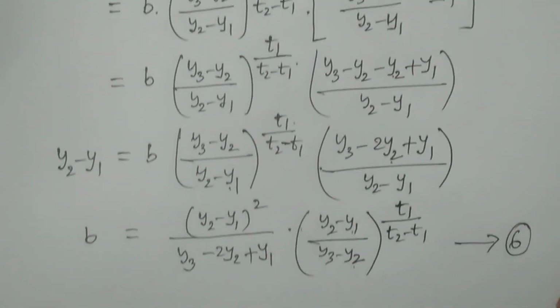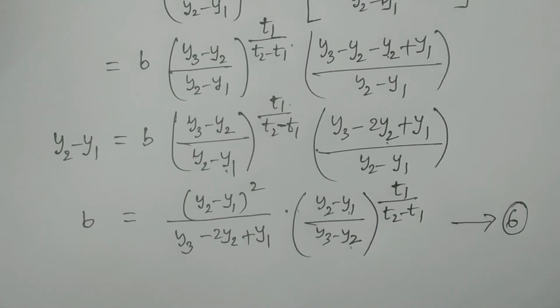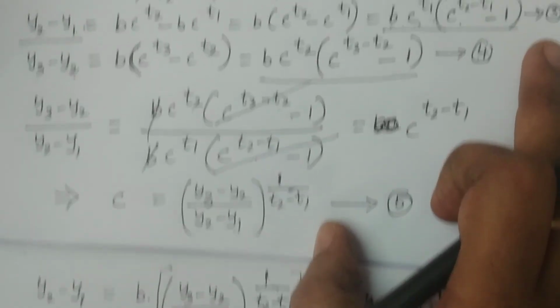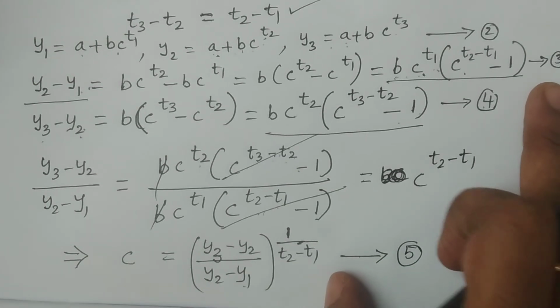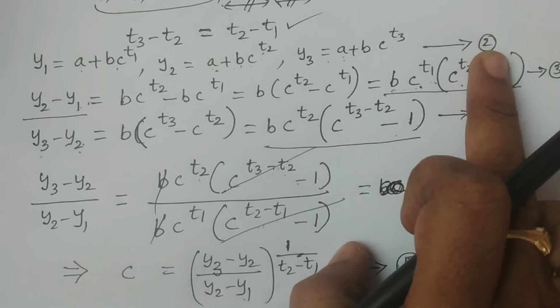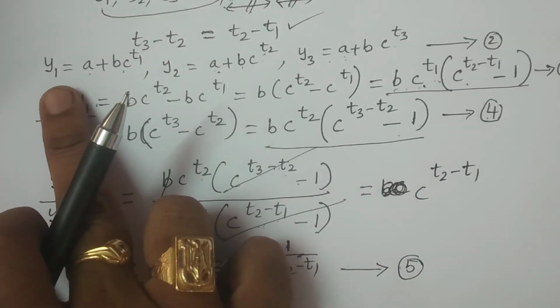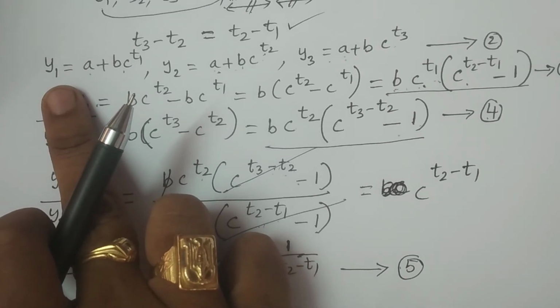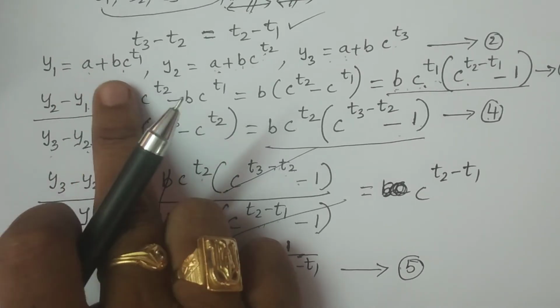Now we have to calculate the value of a, for which I am considering one of the equations in equation 3. Equation 3 is nothing but equation 2, not equation 3. Equation 2 is nothing but the ordinates of y1, y2, y3, ordinates of yt. y1 is equal to a plus b into c power t1.